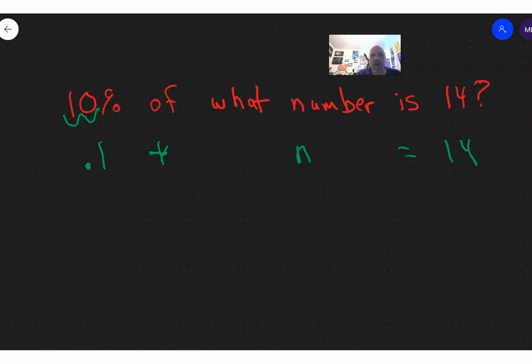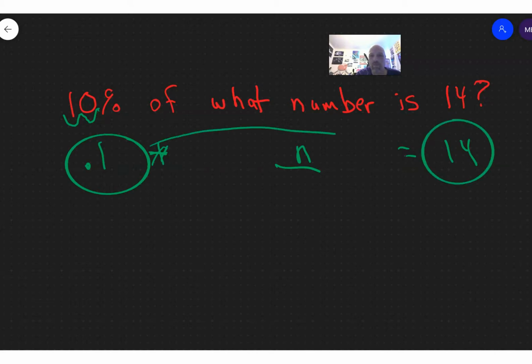And so I have 1/10 times n equals 14. And we learned in algebra, what I want to do is I want to get the variable on one side of the equation, and I want to get the like terms, the numbers here, on the other side of the equation. So what I'm going to do to move this over there is I'm going to divide both sides by 1/10.